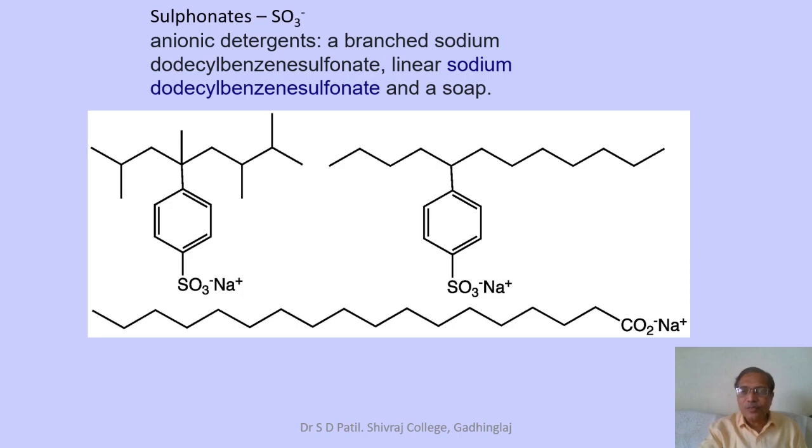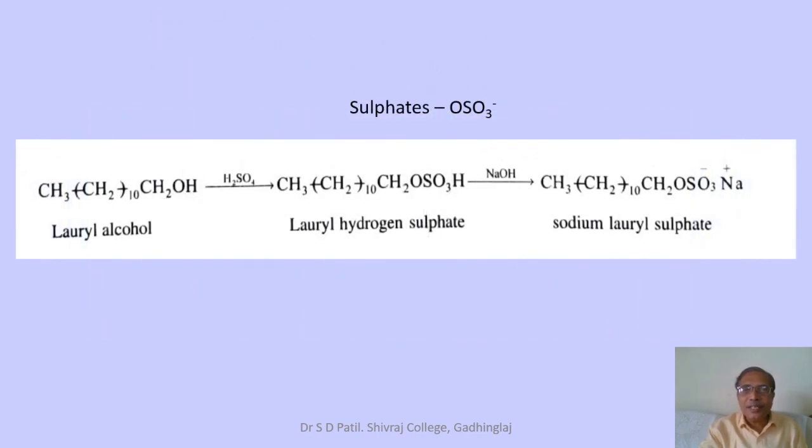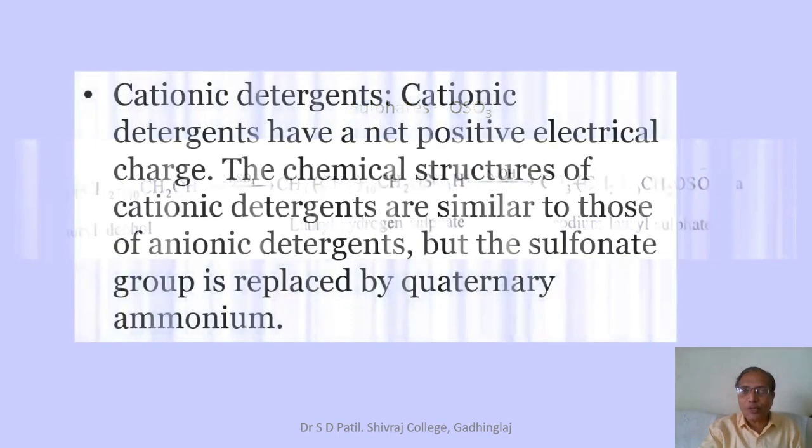All of these together can be considered for differentiation also. As I mentioned, there are sulfates also. Sulfates contain the OSO3 group. Here, lauryl alcohol is converted into the corresponding sulfate and then the corresponding salt. This is a general transformation.